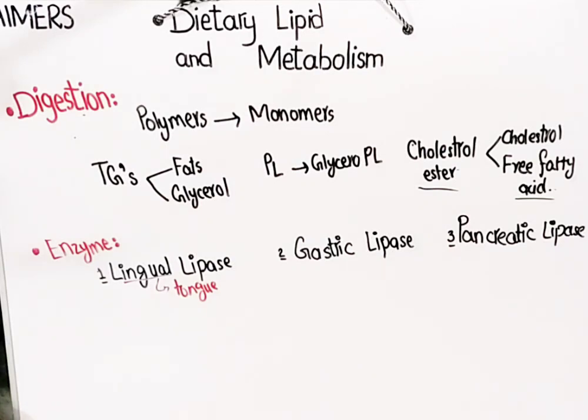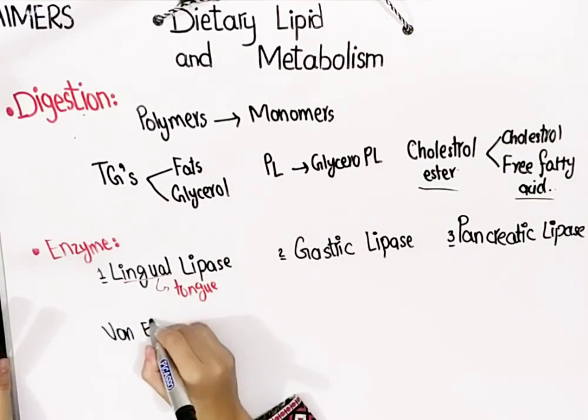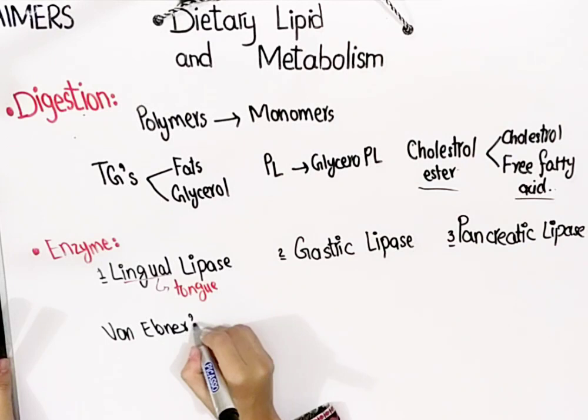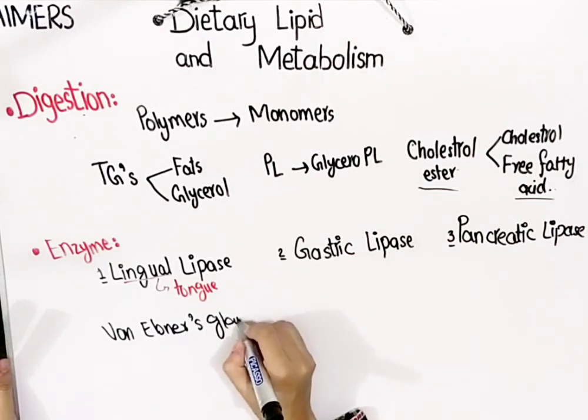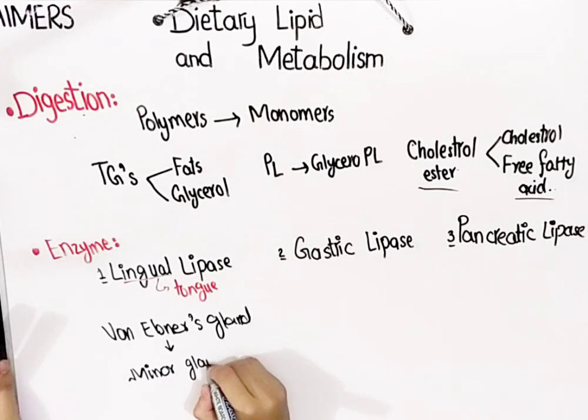It is released from von Ebner's gland. Let me write here, von Ebner's gland. This von Ebner's gland is a minor salivary gland. Major salivary glands are parotid, sublingual, and submandibular, but von Ebner's gland is a minor salivary gland, and it is present on both sides of the oral cavity behind the tongue.